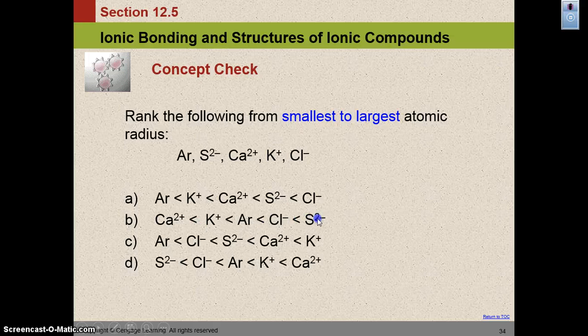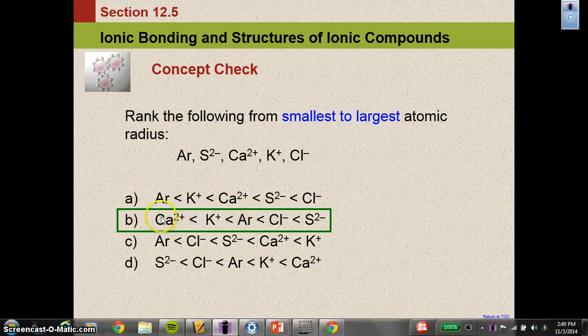Since they all have the same number of electrons, the larger the nuclear charge is, the tighter those electrons are held toward the center of the atom, so we have a smaller radius. In this case, this would be the answer because calcium has the highest nuclear charge, so it holds the electrons it does have much tighter than sulfur would. So this would be the correct series for smallest to largest atomic radius.